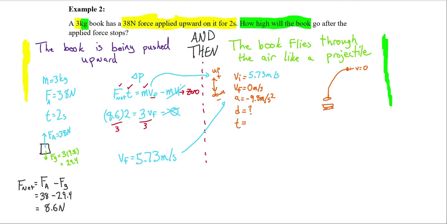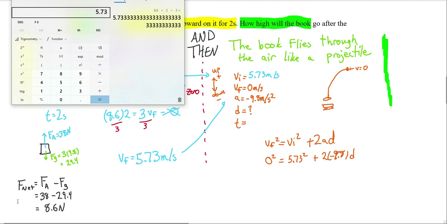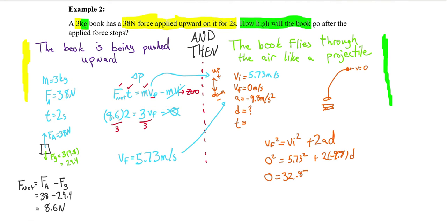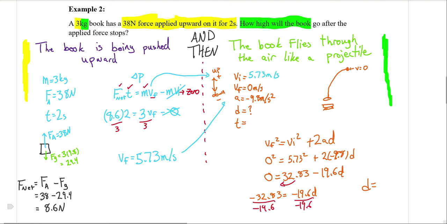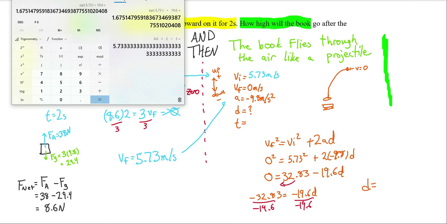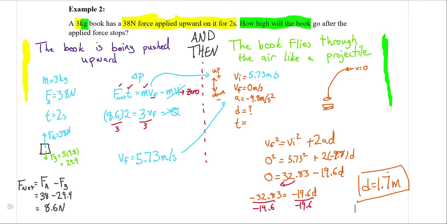VI, VF, A, and D means I'll use the formula VF squared equals VI squared plus 2 times A times D. So we see here that the book would fly 1.7 meters high after it stops being pushed upward.